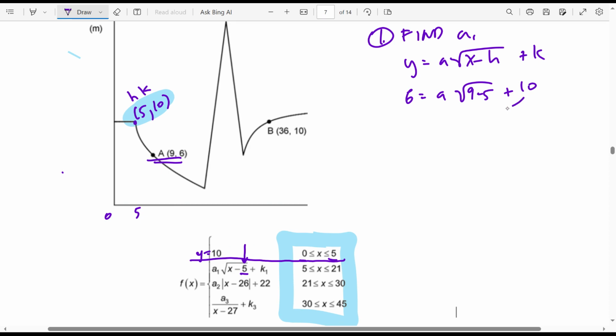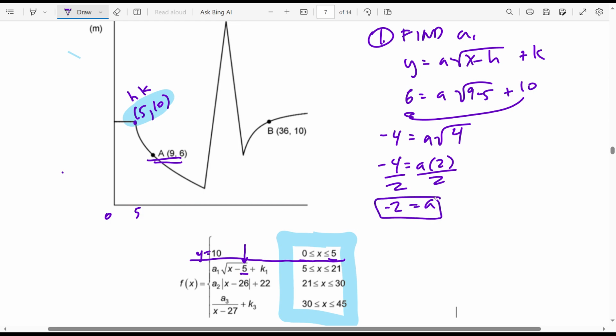So we're just going to rearrange and solve. Negative 4 is equal to a times square root of 4, so negative 4 is equal to a times 2. Divided by 2, a is equal to negative 2. So now I have my a and my k for the square root function. So I'm ready to move on.